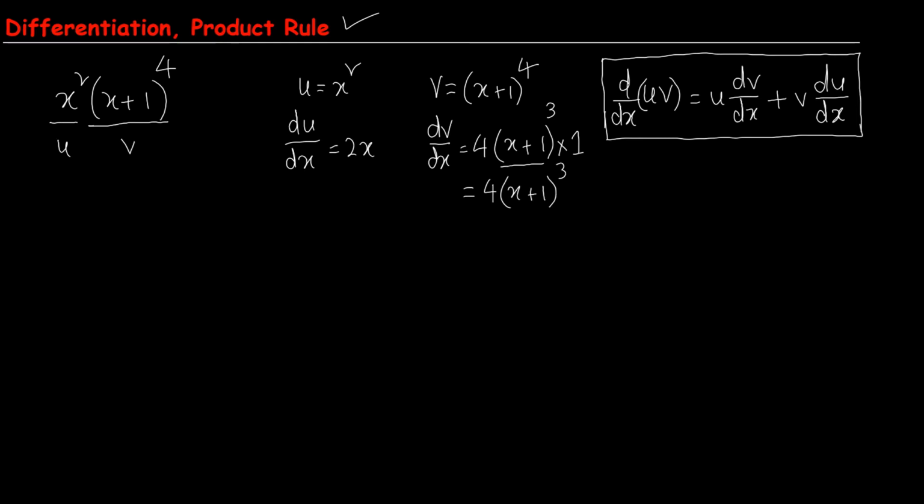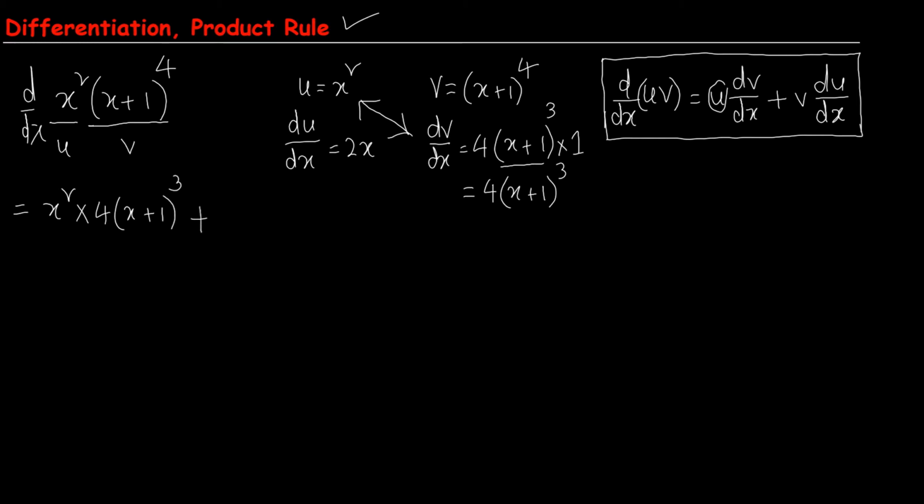Now let's apply this formula here. If we write d by dx, then our formula is u first, then dv by dx, so u into these two we need to multiply. u is x squared into dv by dx, which is 4 into (x plus 1) to the power 3.